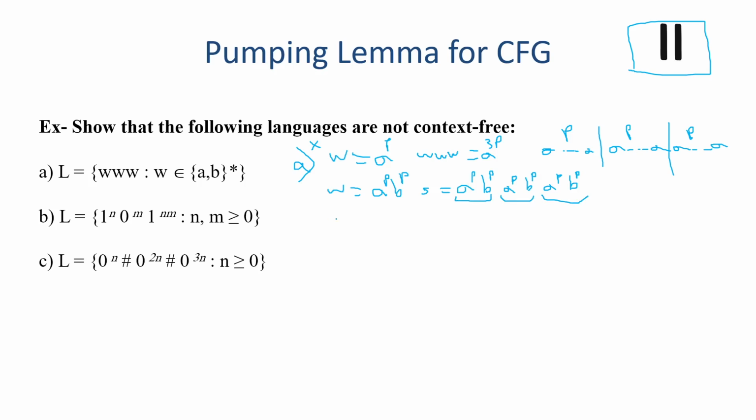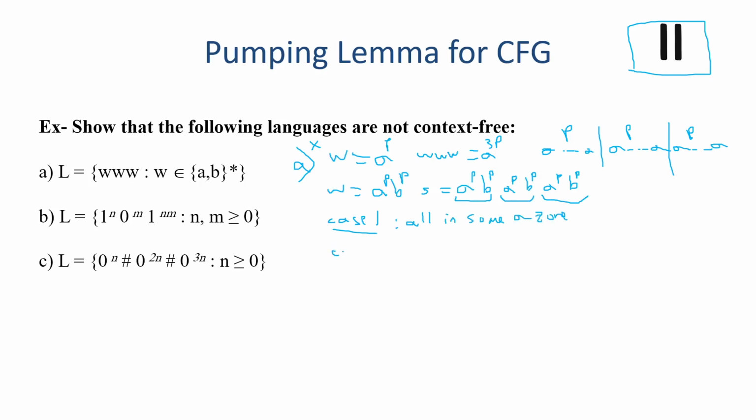Well, what are all the cases that I have? Case 1, all in some A zone, as we just mentioned. So it could be the first one, could be the second, could be the third. They're all very similar, so in some A zone.